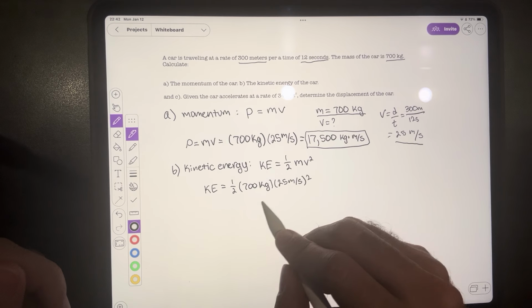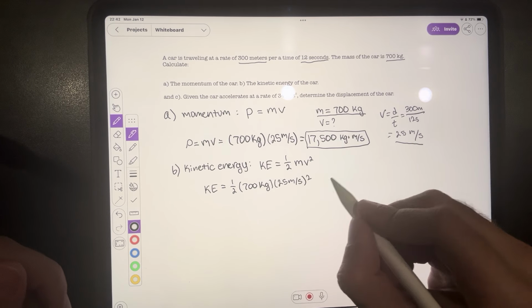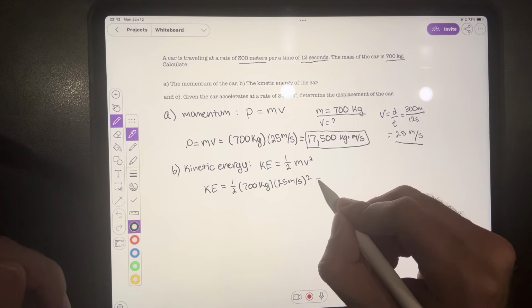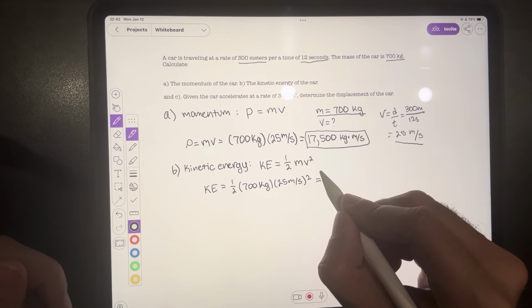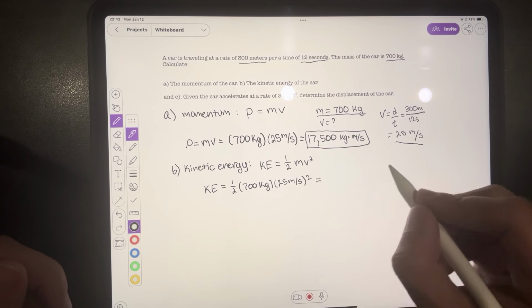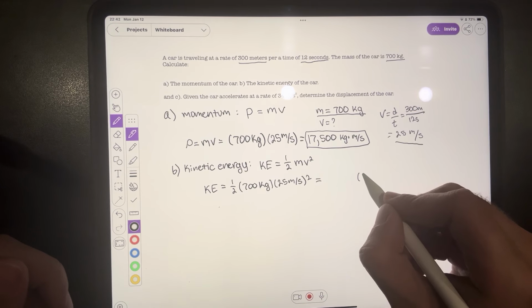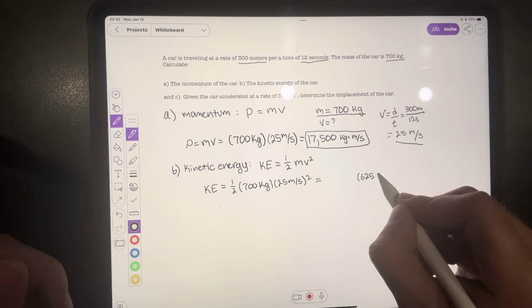Now, I like to solve this starting off from the back. 25 meters per second squared, that will be equal to 625 meters per second.